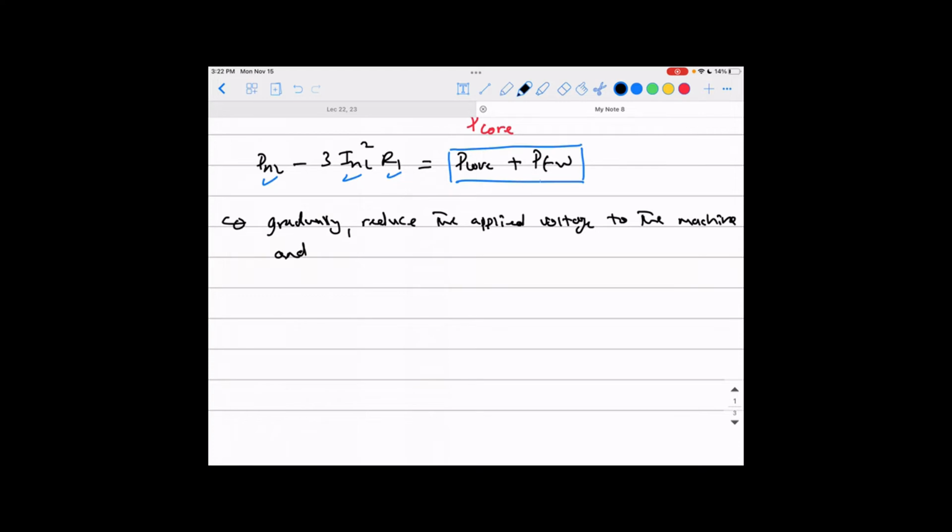And recalculate P core plus P friction and windage at each voltage value, okay?